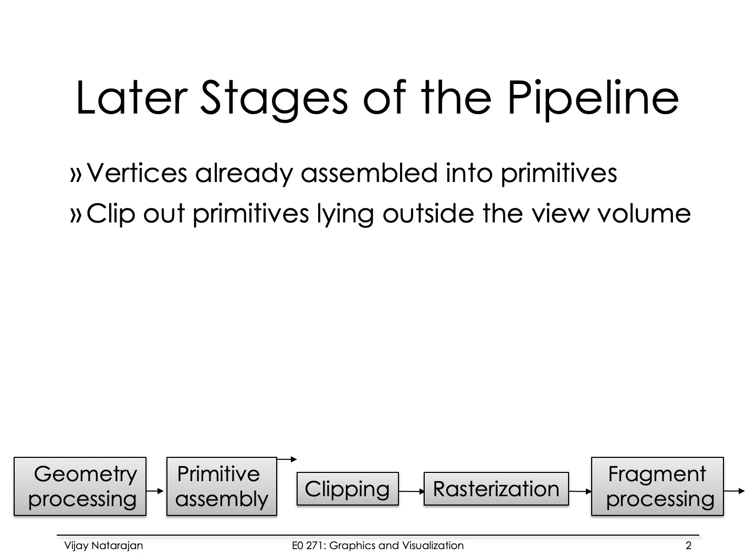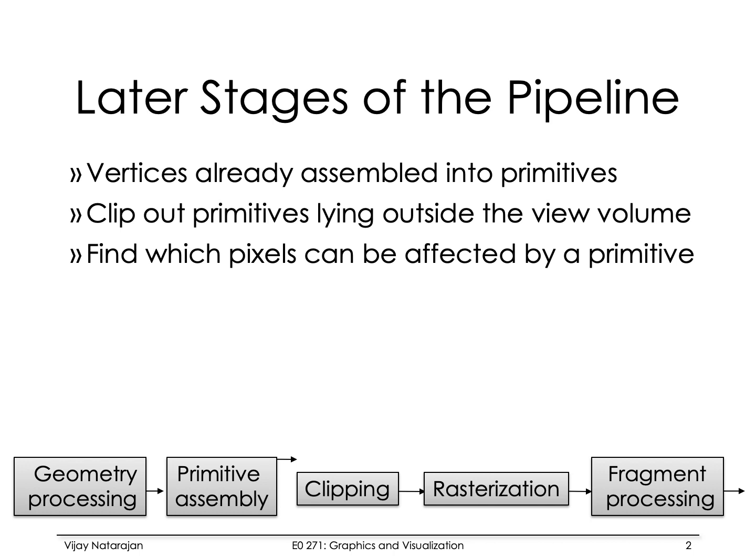So after this, we want to clip the primitives that lie outside the view volume. So this is done in the clipping stage. The rasterization stage is where we try to identify pixels that are affected by the primitives that lie within the view volume. So essentially convert the geometry into a raster image.